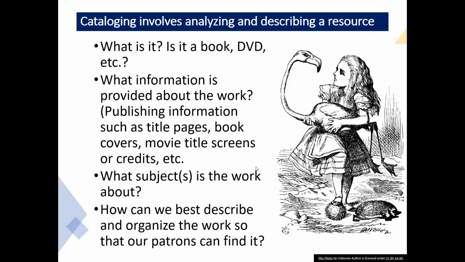If you're doing a DVD or movie, you're going to have those title screens, credits, you're going to have the container, all that kind of stuff. So the sources of information, and we're going to talk more about the choices for that source of information. But really, when you're cataloging, you look at all the information that's available to you. And you start with a prioritized list, and we'll talk about that in just a minute.